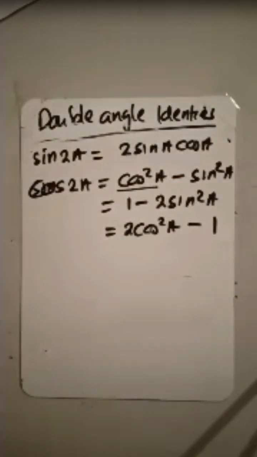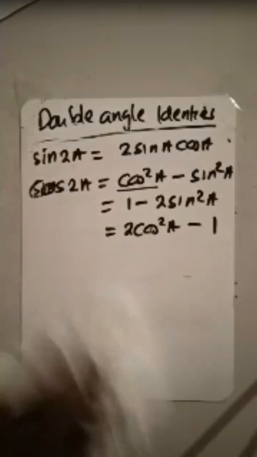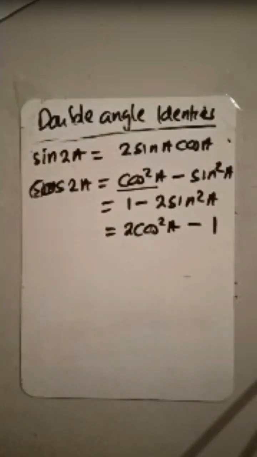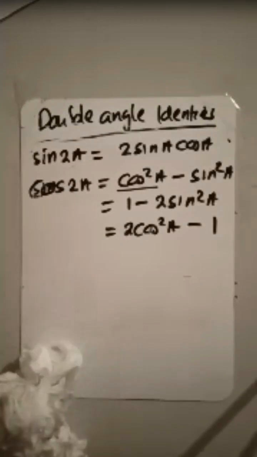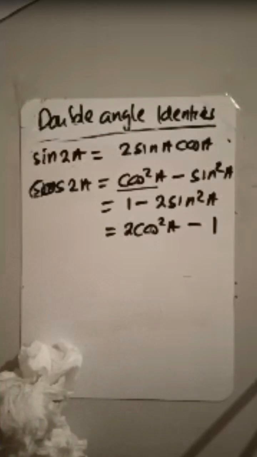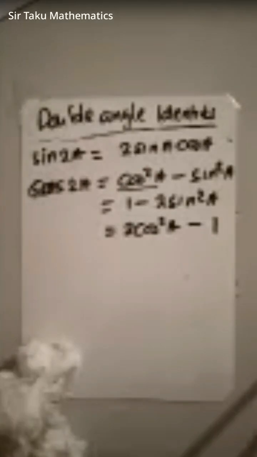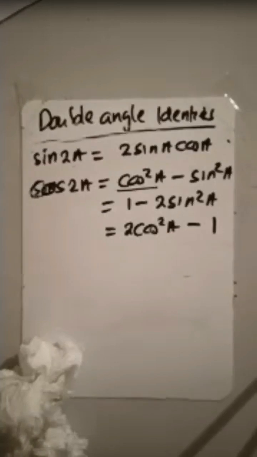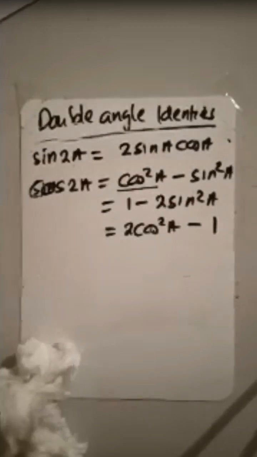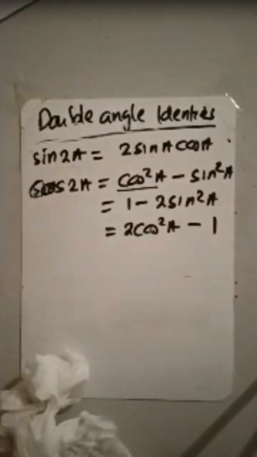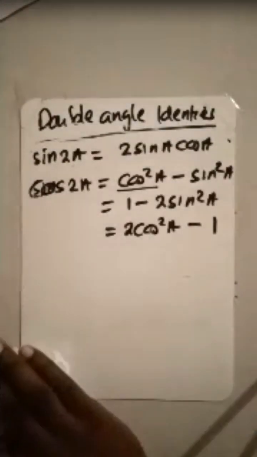All right. I am only left with 8 minutes, and this side load shedding electricity is going at 7. So I am going to try to prove some identities using these double angle identities and using compound identities. I'm going to look at the simple ones today, guys.